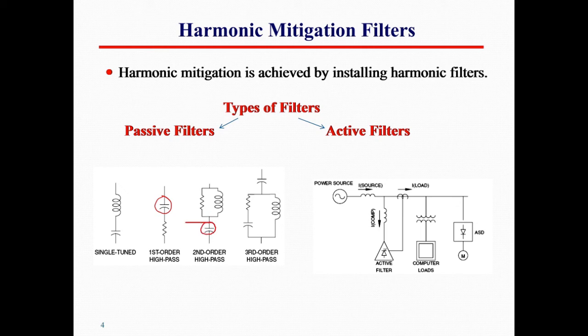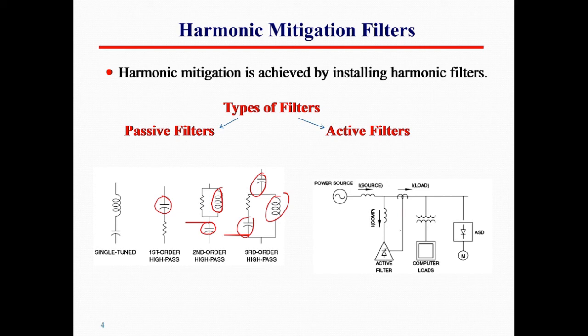We have capacitor and we have inductor. So we have two elements, that's why we call it second order. Over here we have 1, 2, 3. We have 3 elements, so that's why we call it a 3rd order high pass filter.